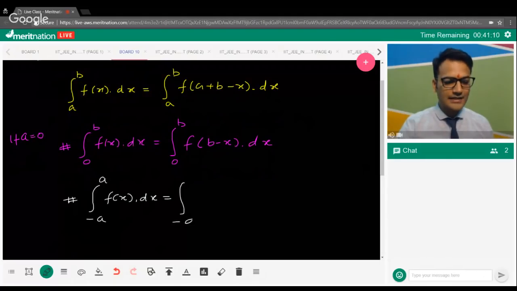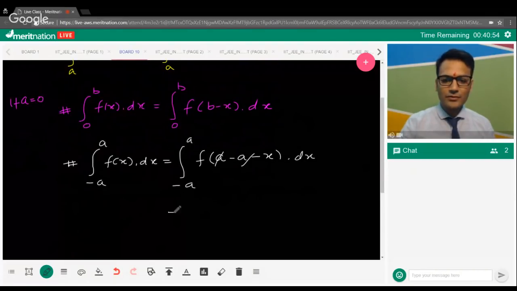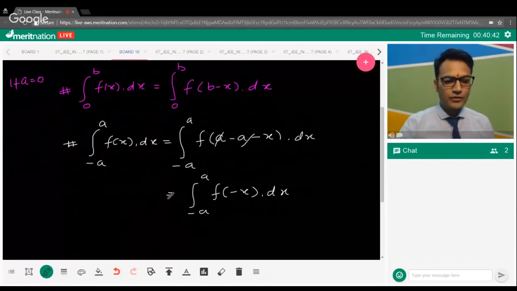I'm so sorry, minus a plus a, so a and a get cancelled out, right? So this turns out to be the integral from minus a to a of f(minus x) dx. So you can apply this property here and there in different ways. I hope this is fine with all of us.